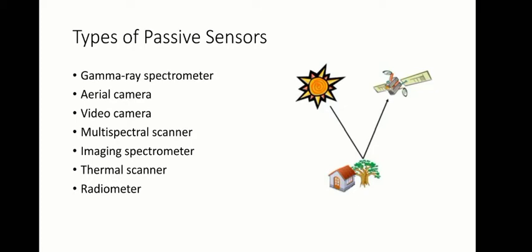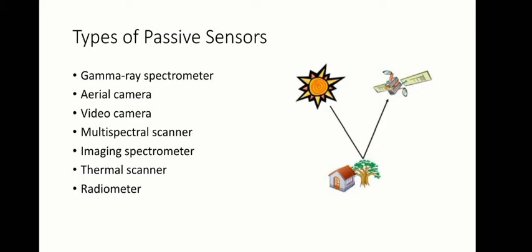Therefore, except for thermal sensors, they cannot be used at night time. Thus, in passive sensing, there is no control over the source of electromagnetic radiation. Photographic cameras without the use of a bulb, multispectral scanners, Vidicon cameras, etc. are examples of passive remote sensors.